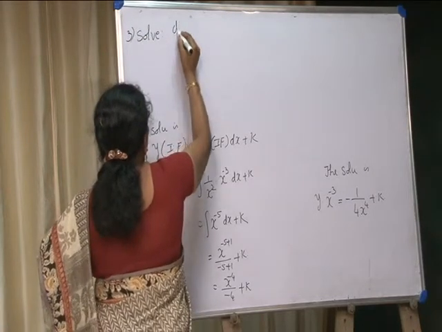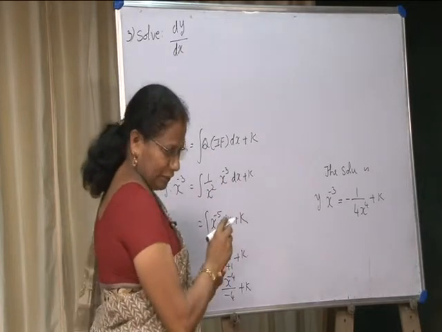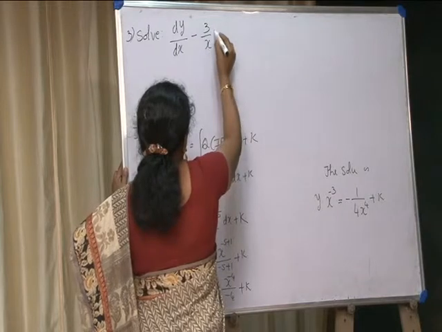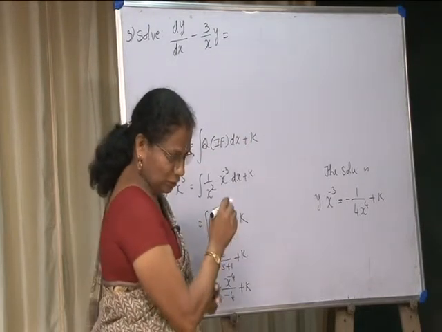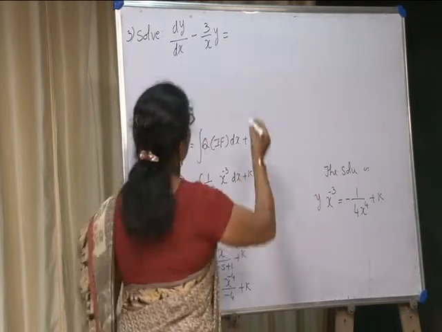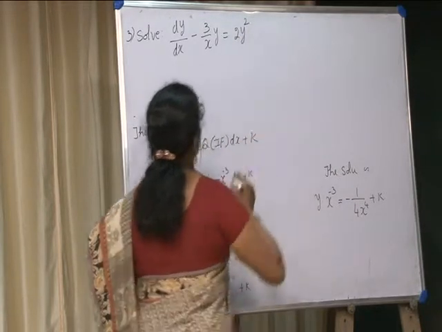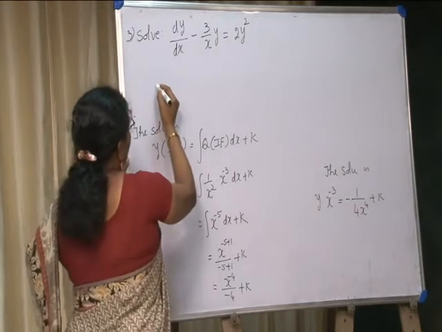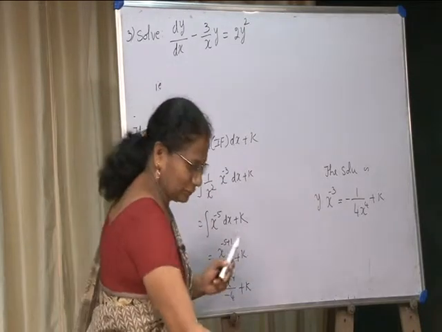Solve dy by dx minus 3 by x into y is equal to 2y squared.